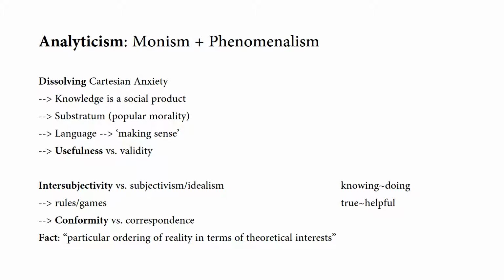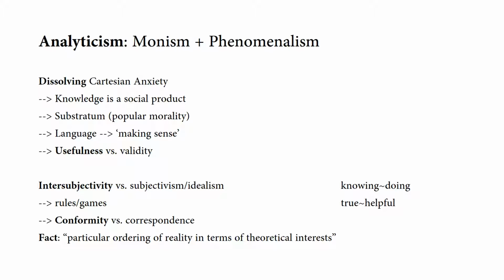So, foreshadowing the conclusion of this part, the basic point is that for a monist, it's not about successfully bridging the mind-world gap, but about dissolving that very setup. That's why Jackson calls it dissolving Descartes.